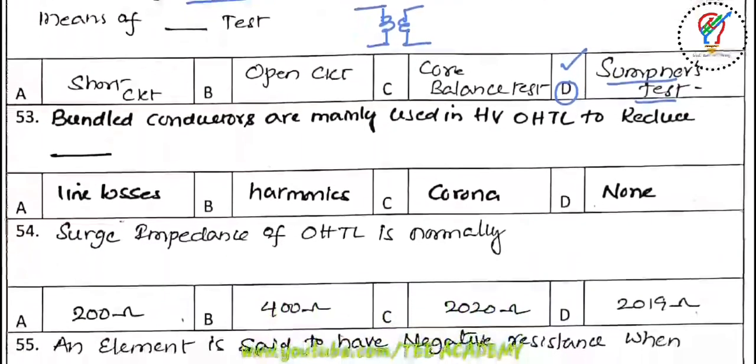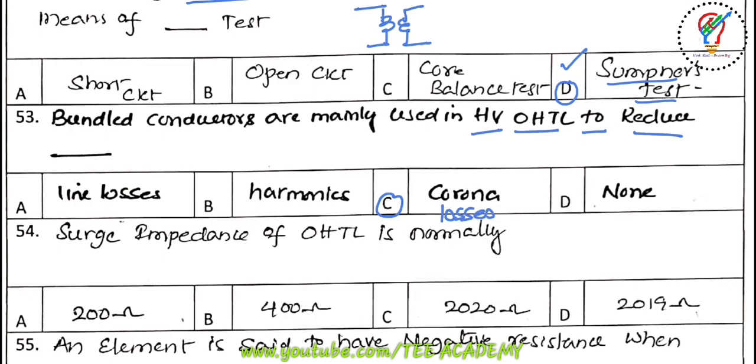There is one more question. Bundled conductors are mainly used in high voltage overhead transmission lines to reduce what? It has nothing to do with the losses in general, but we can reduce the corona losses.